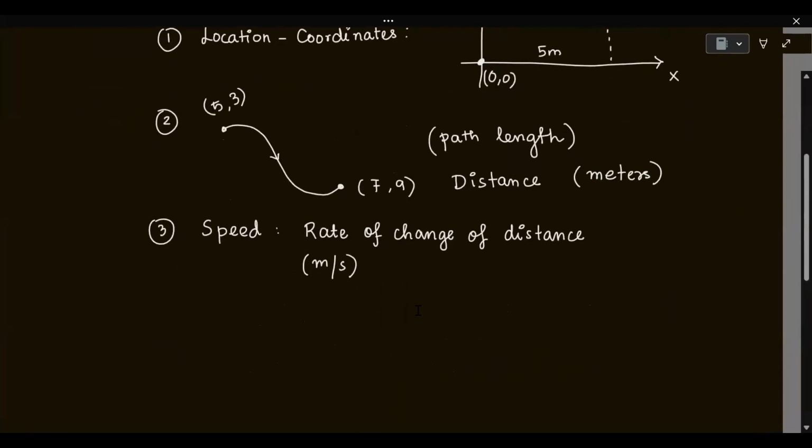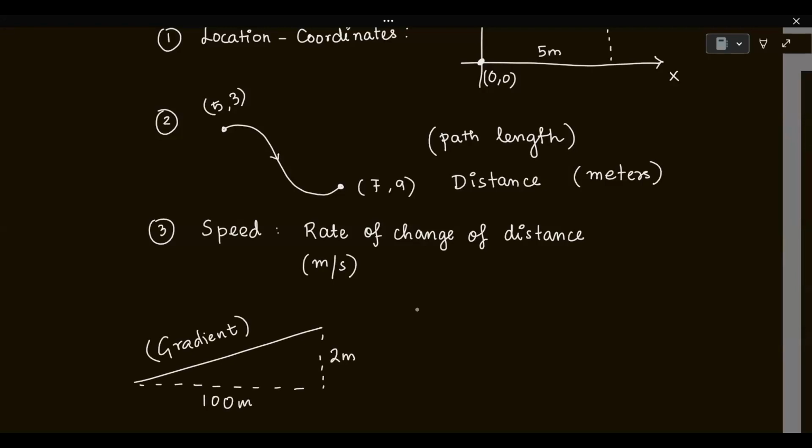And now again, I want to talk about the word rate. Sometimes we use it when there is no subscript attached to it. Do you remember I talked about gradient a few classes ago? Gradient or slope. Slope of a line is essentially how much rise happens over the horizontal distance. Let's say this height is 2 meters and this is like 100 meters. So how will you explain this?